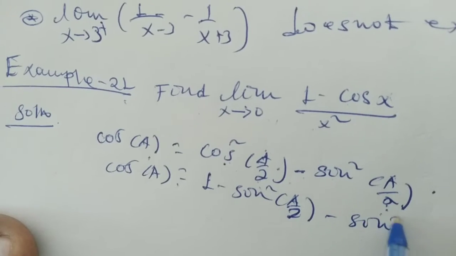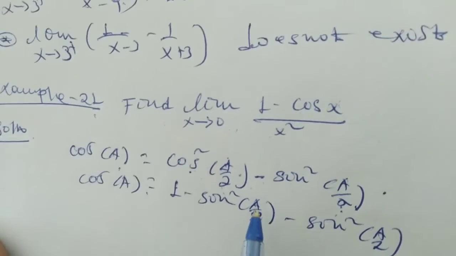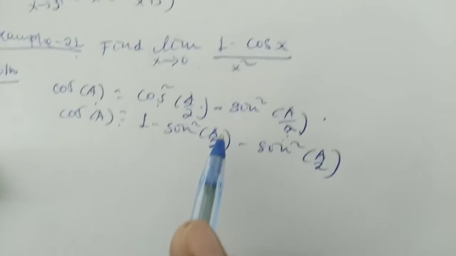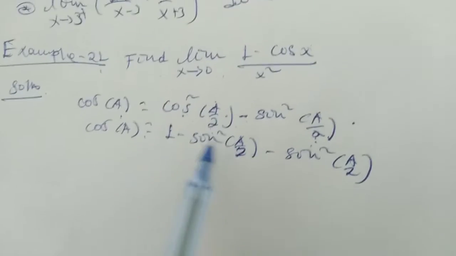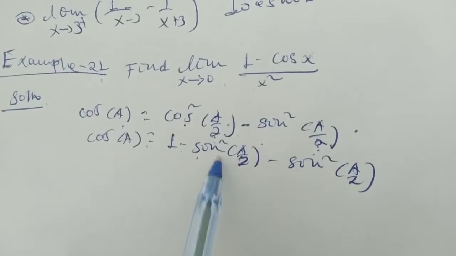How did this happen? Because cos whole square of x plus sin whole square of x equals 1, so cos whole square of x equals 1 minus sin whole square of x. Here it is a over 2, so 1 minus sin whole square of a over 2.